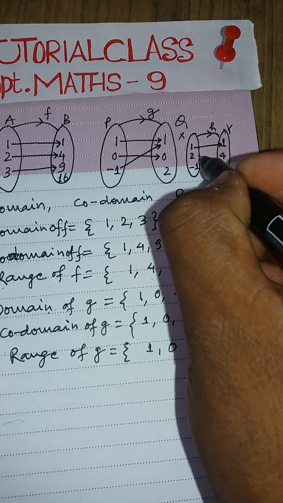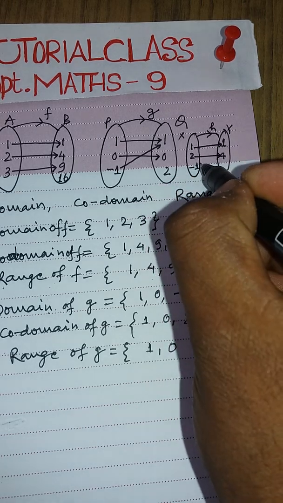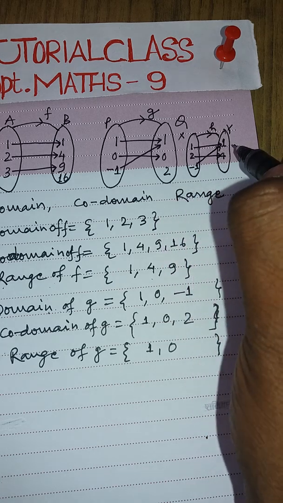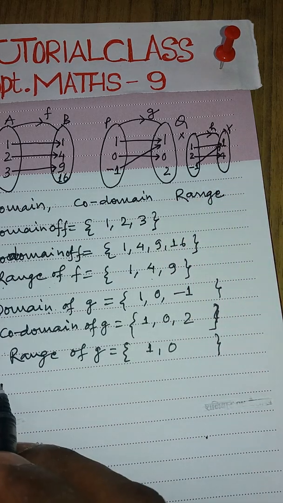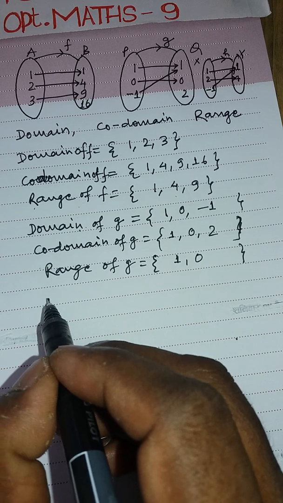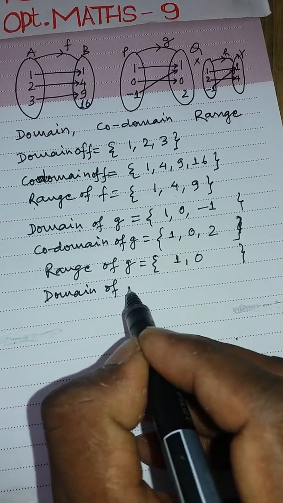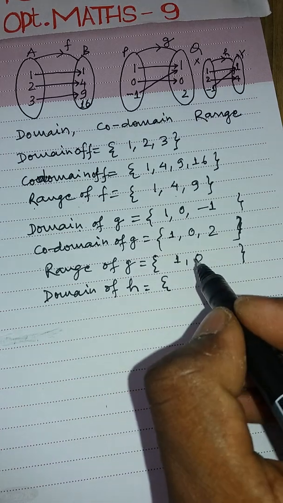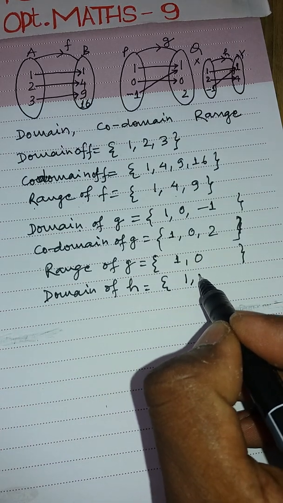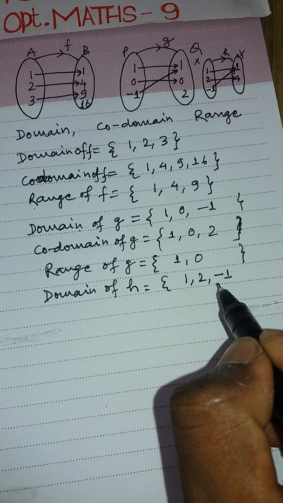See here, this is mapping with this. In H, domain of H equals 1, 2, minus 1.